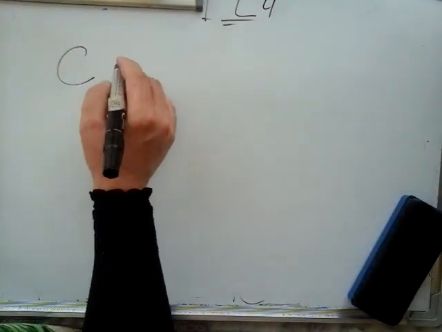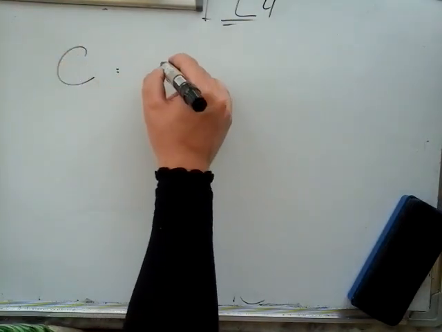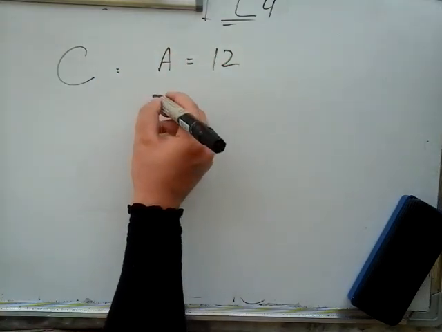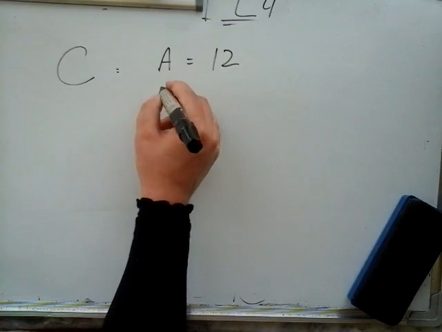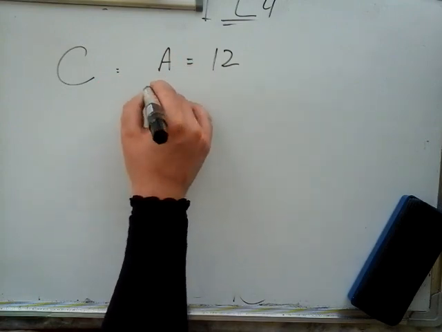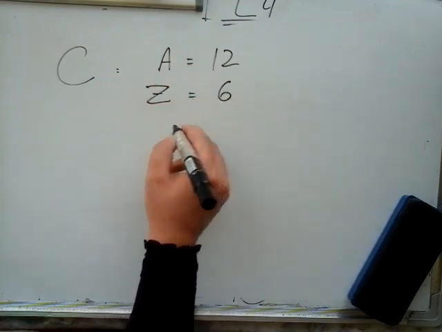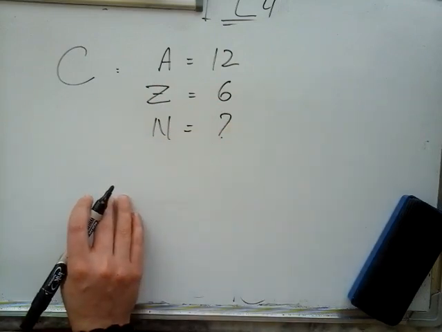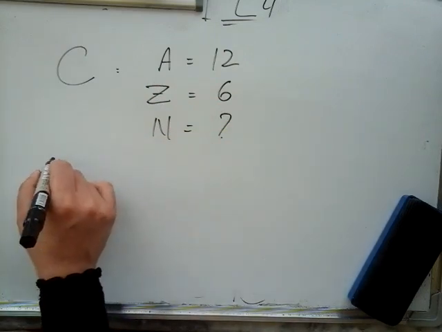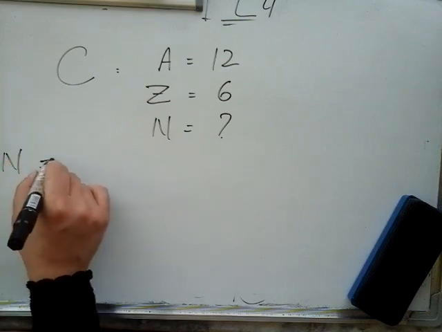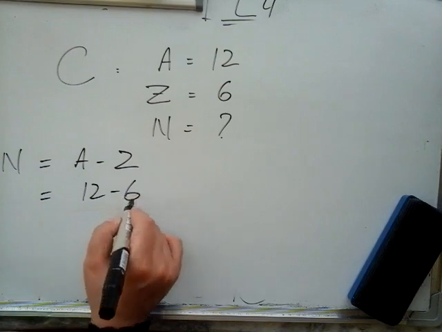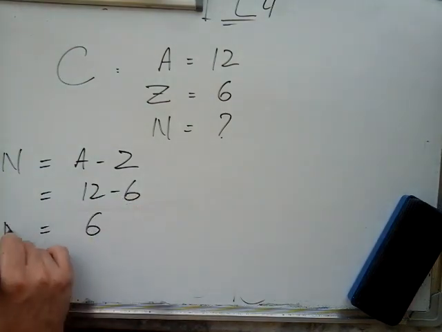Its mass number is 12 and atomic number is 6. So what is its neutron number? We know that N is equal to A minus Z. Neutron number would be 12 minus 6, which is 6.